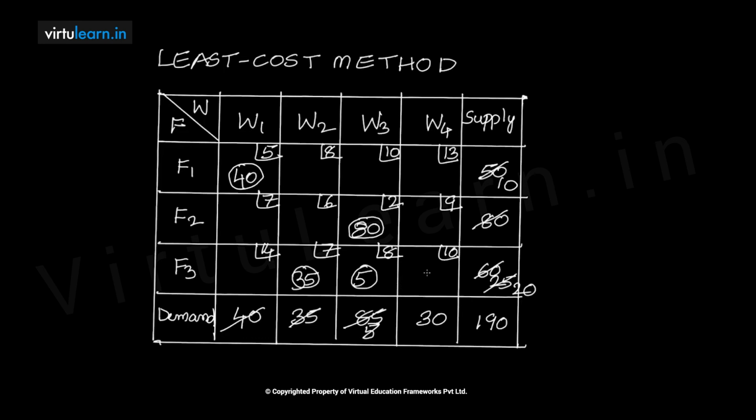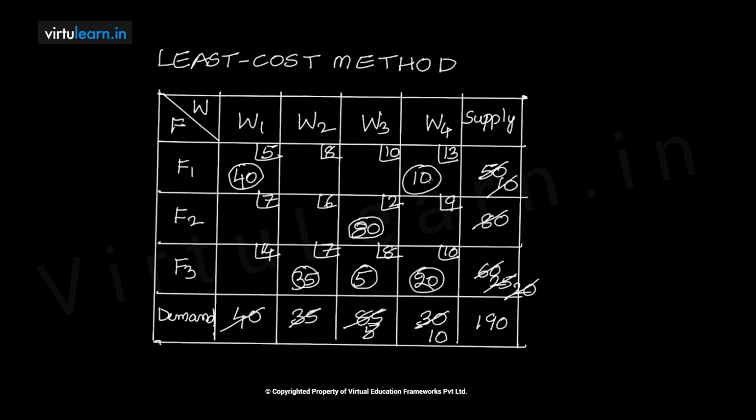In this one the cost is lesser, so we make an allocation of 20 units, because only 20 are available in this cell. We strike it off. That means 10 more units are required and we have only one cell, so only there can we make allocation. There is no other option. Now this is also satisfied, and the entire allocation is over.